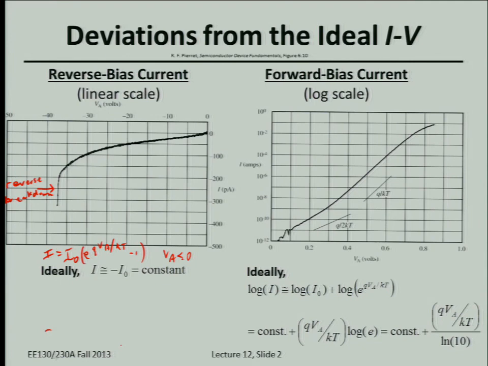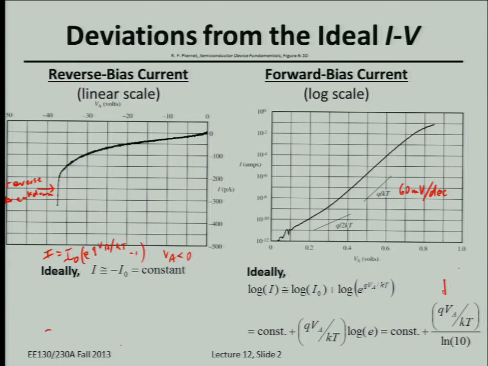Just to review this 60 millivolt per decade slope: if you take the log base 10 of the current, the log of a product is equal to the sum of the logs. So you can express the log of the current as a constant plus qVA over kT natural log of 10.